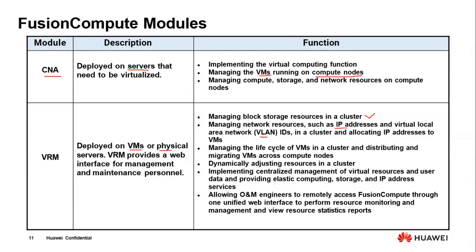It can also be used to manage the life cycle of a virtual machine. The life cycle starts from creating the virtual machine, managing it, and once you are done, you can kill it. So that's the life cycle. All this can be managed from the VRM. You can read through it. These are some of the functions.